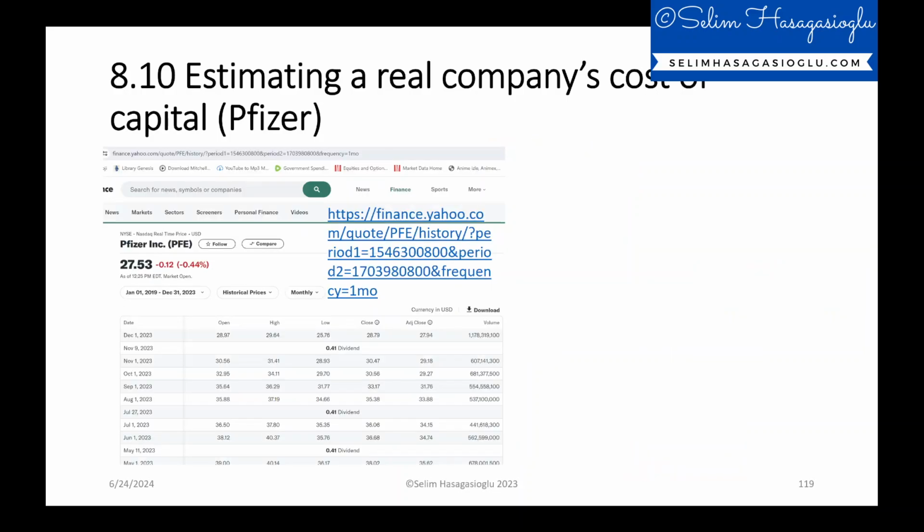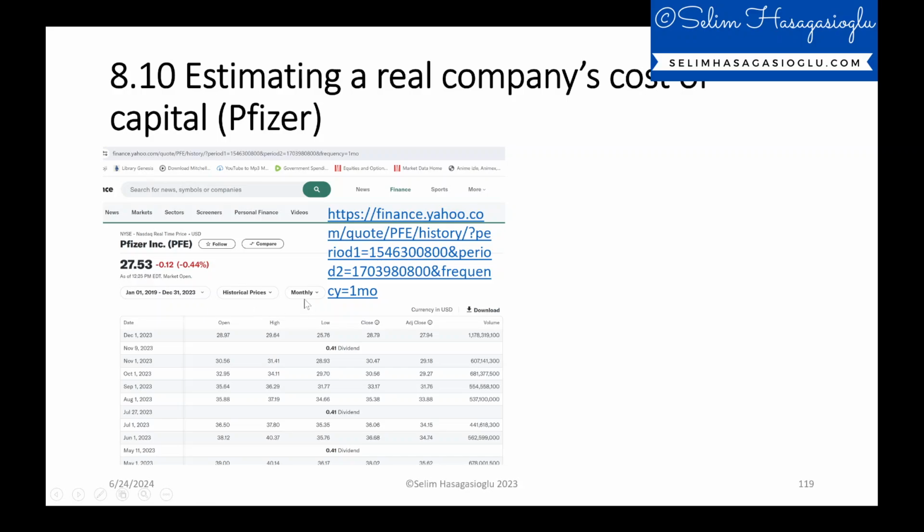I put the link in here. And of course, in order to calculate the beta of Pfizer, remember, you need to calculate monthly returns for the last 5 years. So the time period you will be looking at should start on January 1st, 2019 and should end on December 31st, 2023.